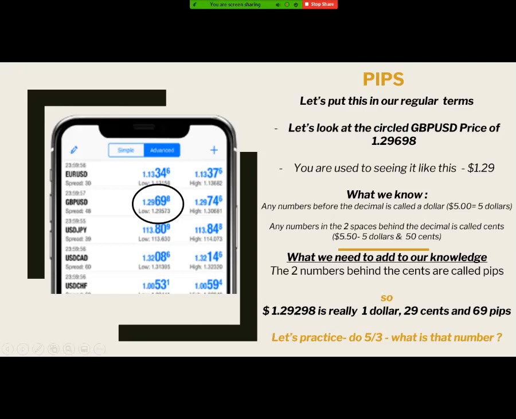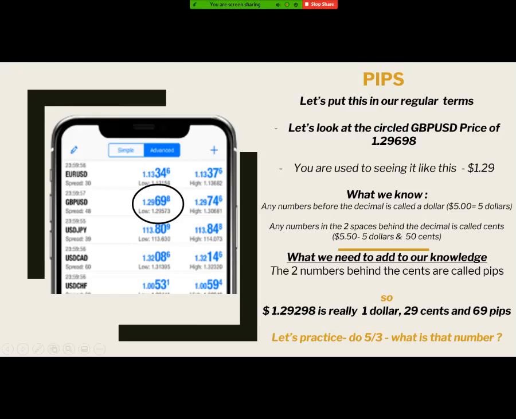Now I want you to take out your phone or your calculator or your computer, and type 5 divided by 3. Look at that number and read it in dollars and cents and pips. Look at the number before the decimal, any 2 numbers after the decimal, and then the numbers after that. You just have to practice seeing it differently and adding to your knowledge.